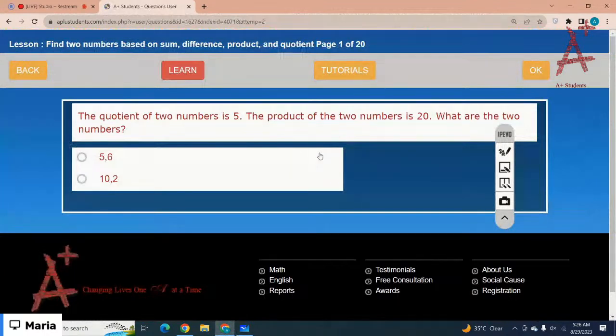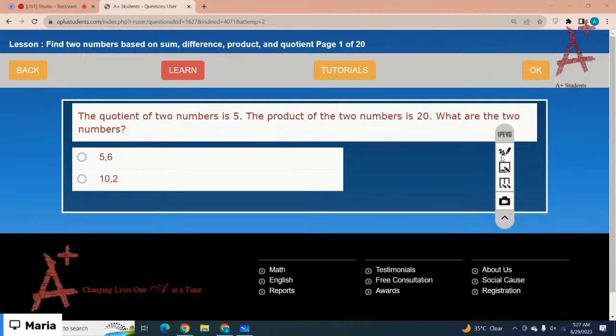The quotient of two numbers is 5. The product is 20. What are the two numbers? Okay, so you are given two options.